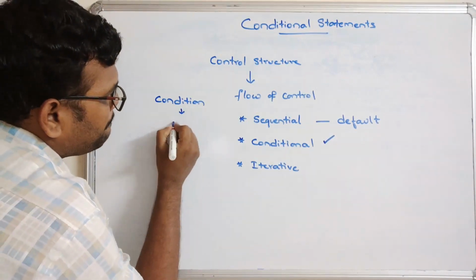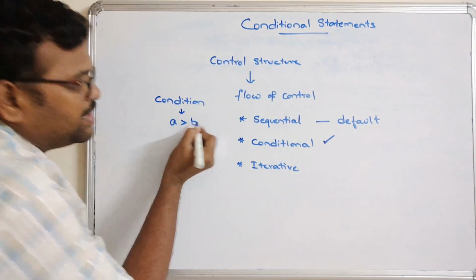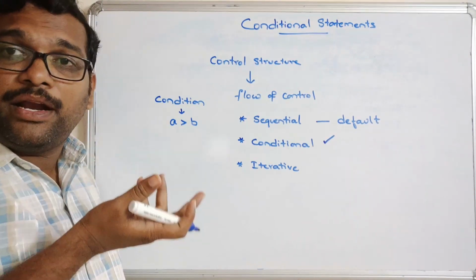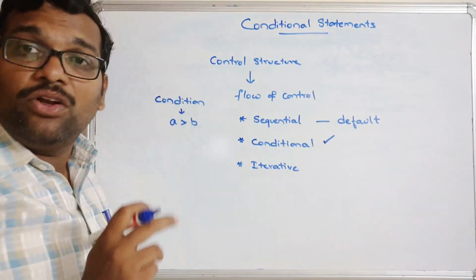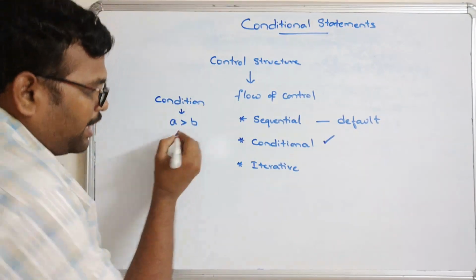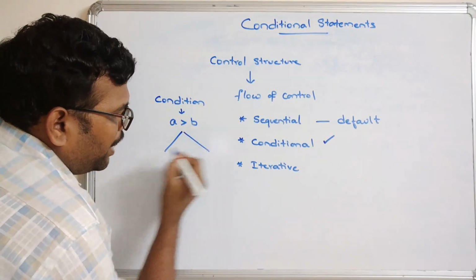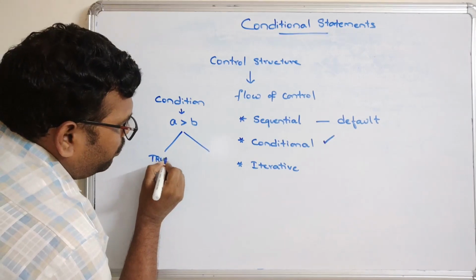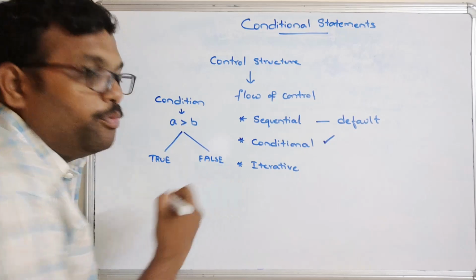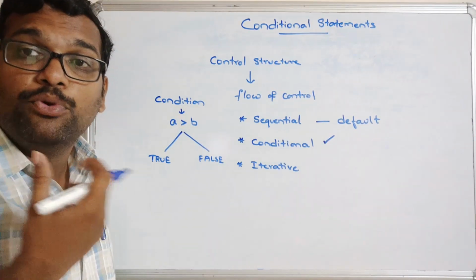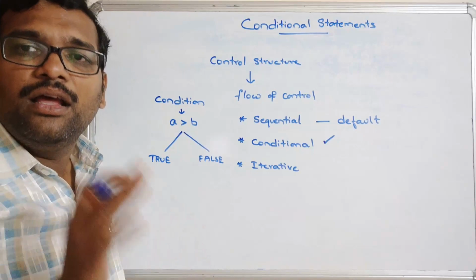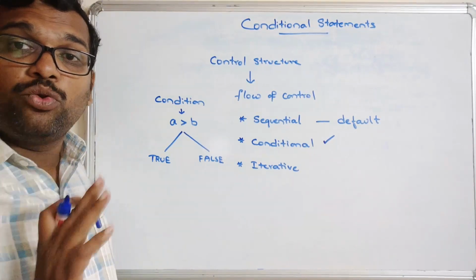For example, A greater than B is a condition, because A and B are operands and this is a relational operator. We compare the values of A and B, and the result will be either true or false, which we call a boolean result. So the condition always results in a boolean result.